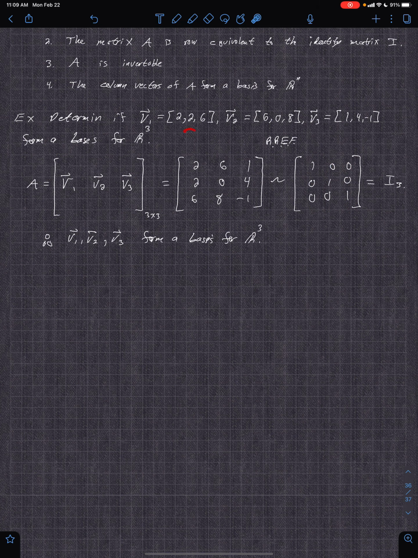When you take the span of these, you generate all of R3, just as if you take the span of i, j, and k. You get every vector in R3. It's just that you have one going this way, and then up out of the plane, and it's all skewed and weird, but they're not parallel and they're not duplicates of each other.